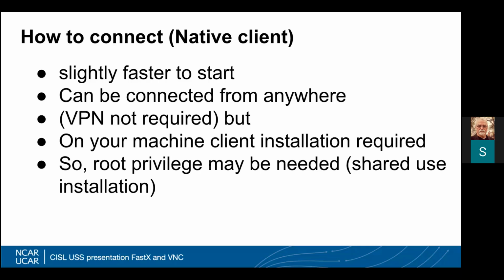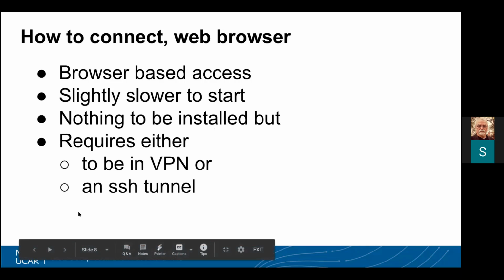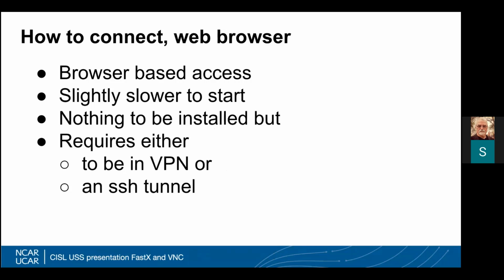As I mentioned, client installation needs to be done on your machine. Many of us may not be comfortable doing it. And if you have root privileges, it will be a more robust installation in particular. Then you also have the ability to connect using your web browser. So it's browser-based access. Nothing needs to be installed in addition to what you have. Every laptop and desktop has a browser installed.